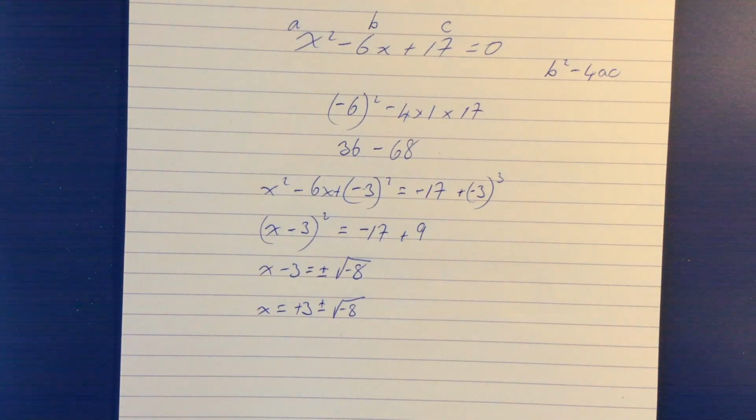Now, many of you will have been told that you can't find the square root of a negative number. I'm going to brush aside a whole pile of explanations and just say that the square root of a negative number is a complex number. And a complex number is made up of a numeral and the letter i, which is the imaginary number.